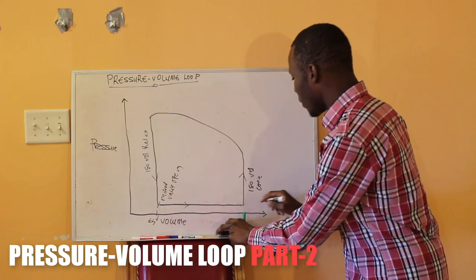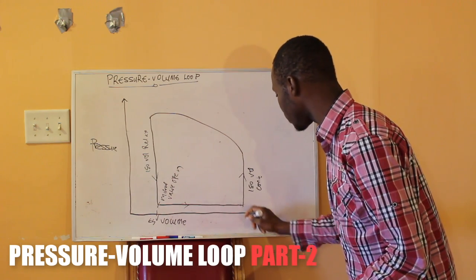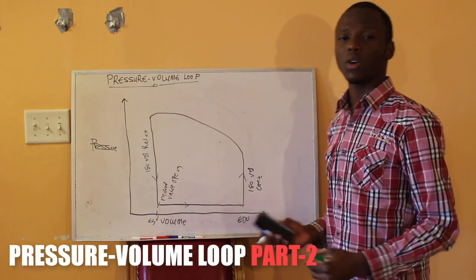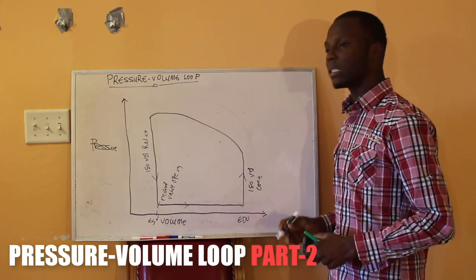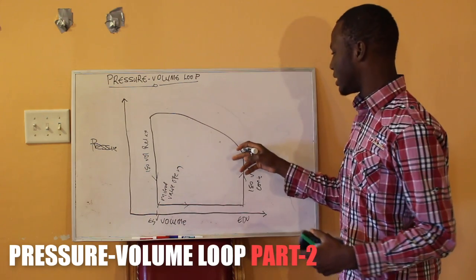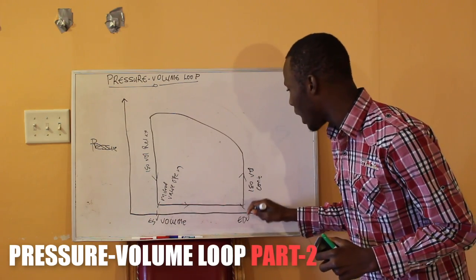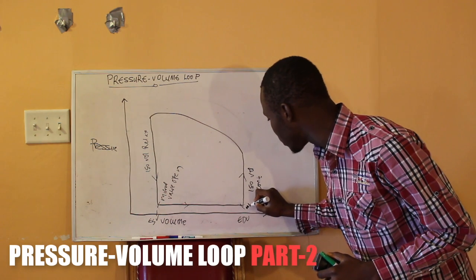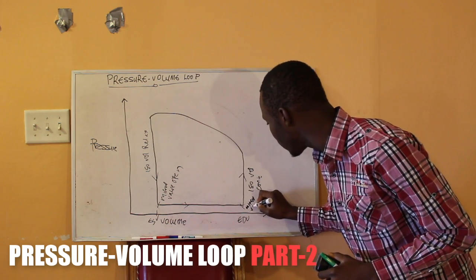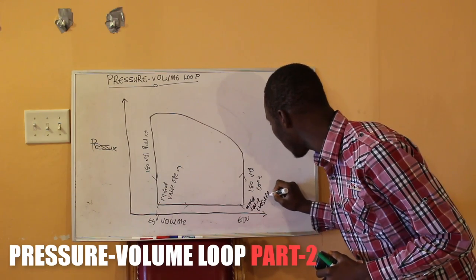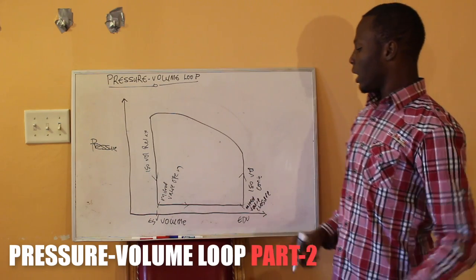And here we can call this point our end diastolic volume, because after isovolumetric contraction, the next thing we have is our ejection phase. But before we talk about our ejection phase, here we have our mitral valve closure, right here.